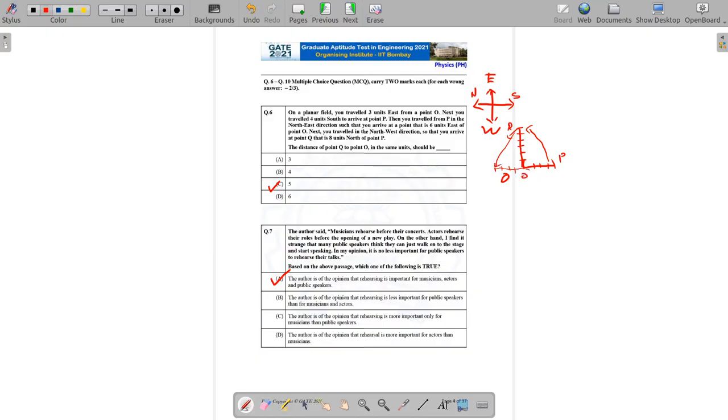This is O, and the last one is Q. Okay, so the distance of point Q to point O in the same unit should be 4, right? Okay, where did I make a mistake? 3 units east from point O. Okay, this is 3. This is 3 only.